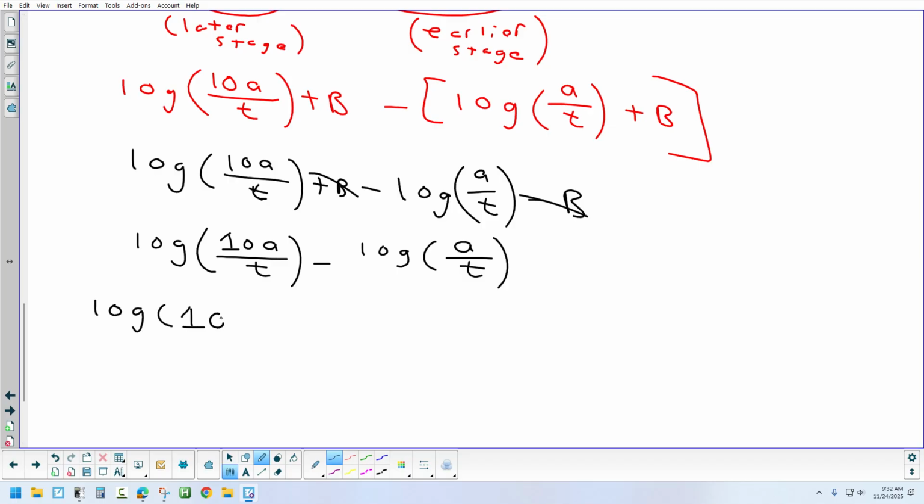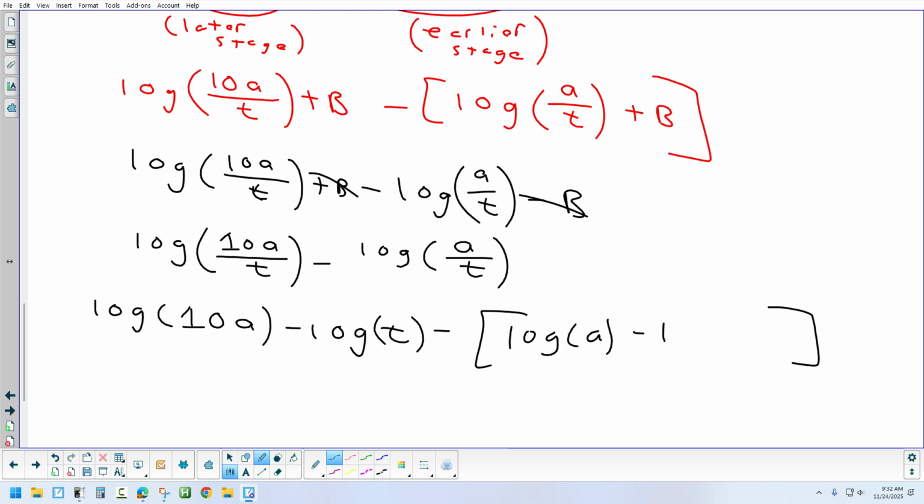Log 10A minus log T. So there's your first one. And can you do the same thing for the second one? Log A minus log T. So we split each log into a difference of logs. And remember, when you split the second one, there was a minus sign in front, so that minus sign applies to both.